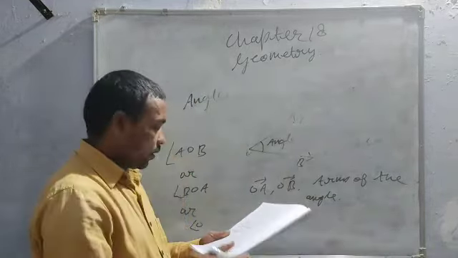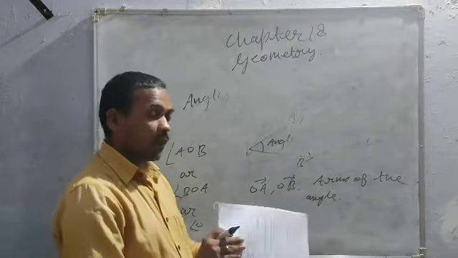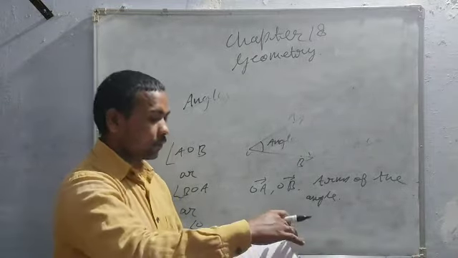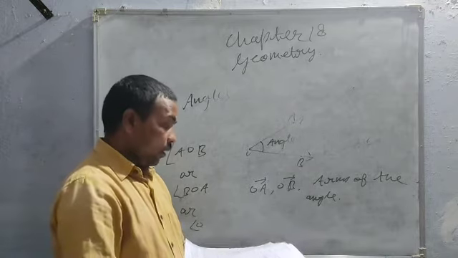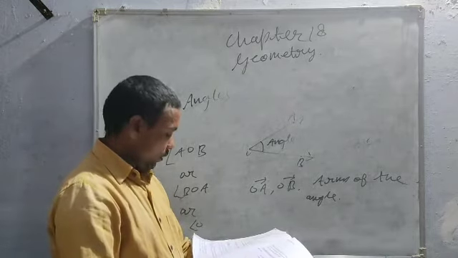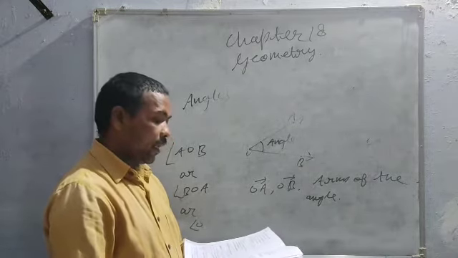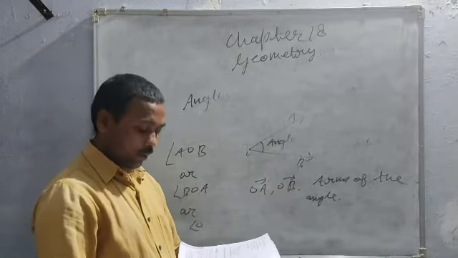So you can note down. Naming an angle is given on page number 201. So you can read from the book.